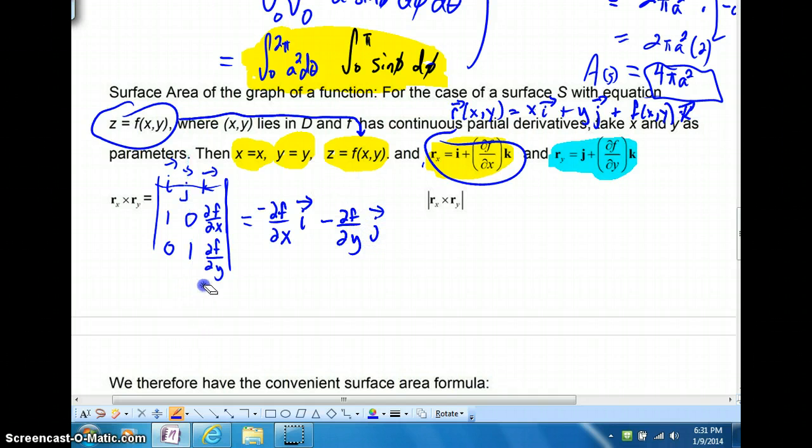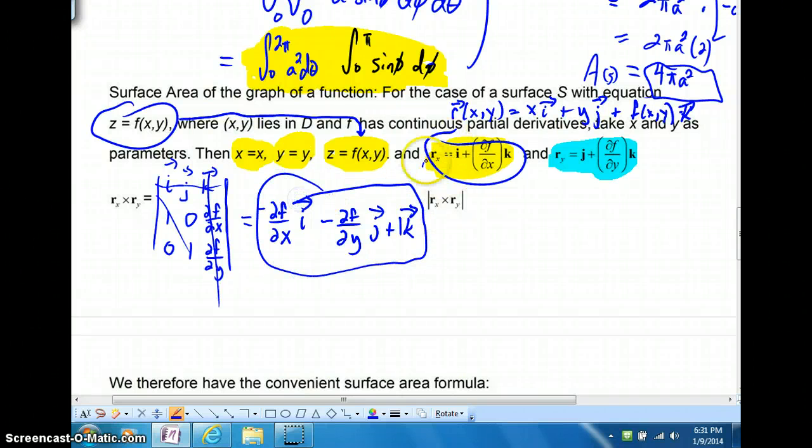Take a look at what happens with your k. Very nicely, this first diagonal is just a 1, minus a 0, so it's just a 1 itself. So my goodness, this is the cross product of r sub x by r sub y. By the way, that's not the only time you're going to see this in this chapter.